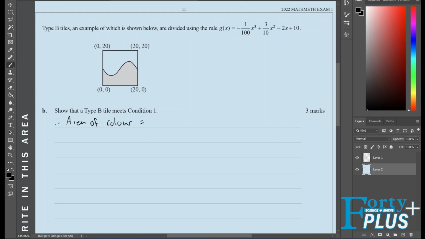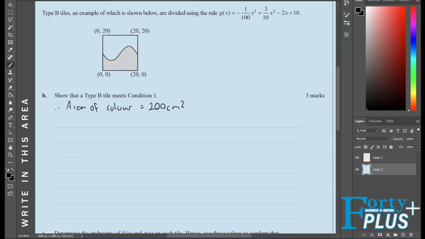color equals 200 centimeters squared. And now we just need to check this. So we'll have the integral from 0 to 20 of negative x cubed over 100 plus 3 over 10 x squared minus 2x plus 10 dx.